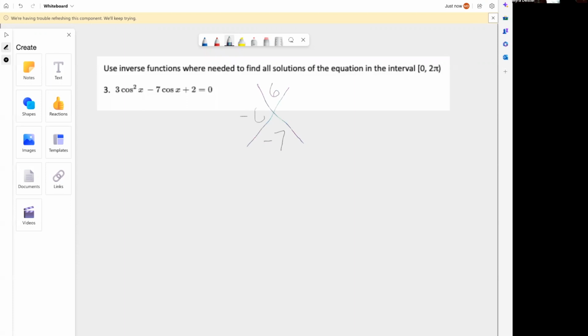Well, negative 6 times negative 1 is positive 6. I add them together, I get negative 7. But I have a leading coefficient of 3, so whoops. Let's try that again.